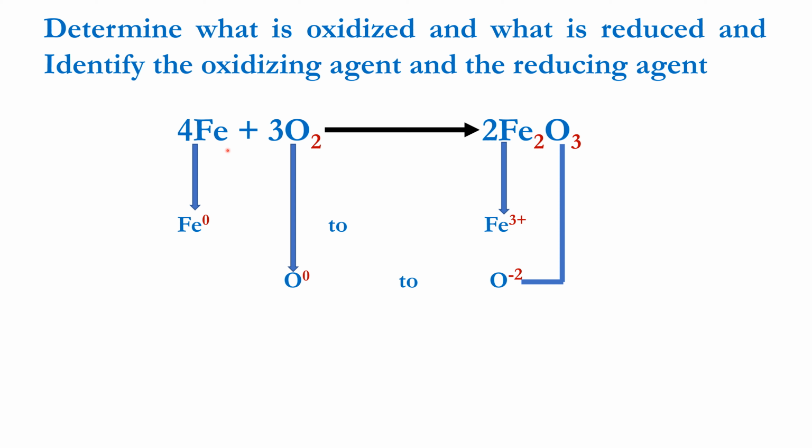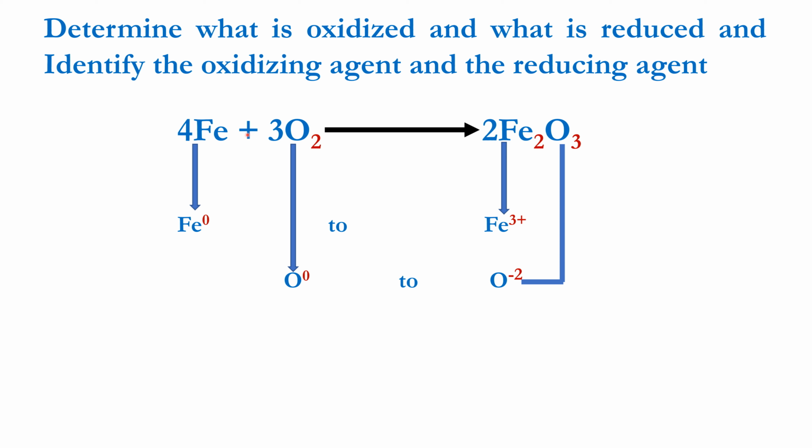For oxygen, its oxidation number decreased from 0 to -2. Remember that decrease in oxidation number is reduction. Therefore, oxygen has been reduced. And since oxygen has been reduced, it must be the oxidizing agent because an oxidizing agent is reduced during a chemical reaction.